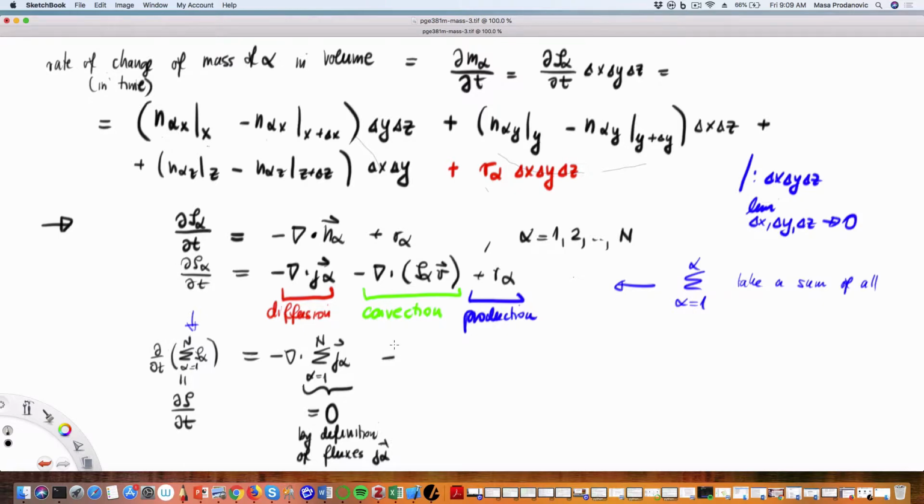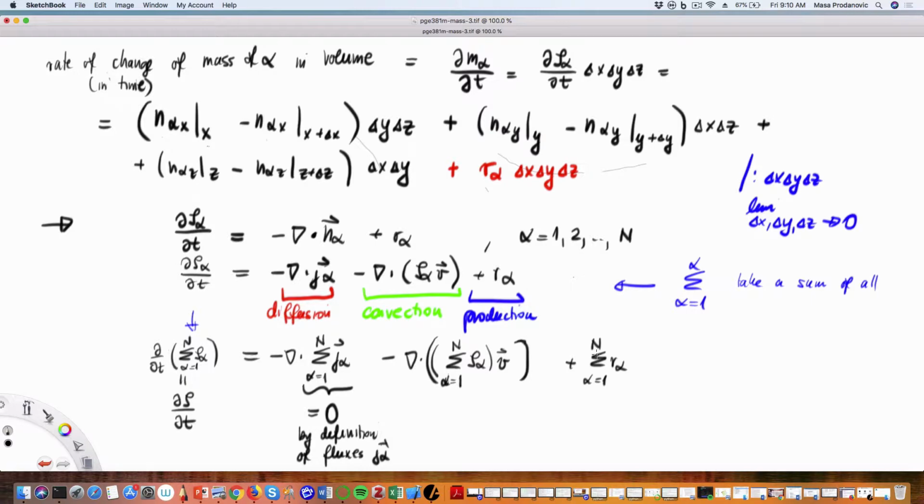And then we have the divergence of the sum of all of the rho alpha v, plus the sum of R alpha.